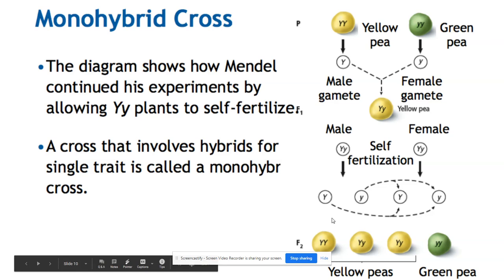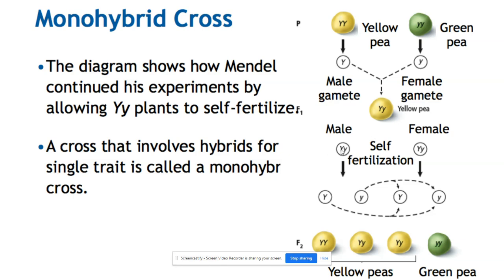So we have the possibility of getting 3 different genotypes. We have homozygous dominant, heterozygous, same thing, and homozygous recessive. So a cross that involves hybrids for a single trait, like your Ys, is called a monohybrid cross.